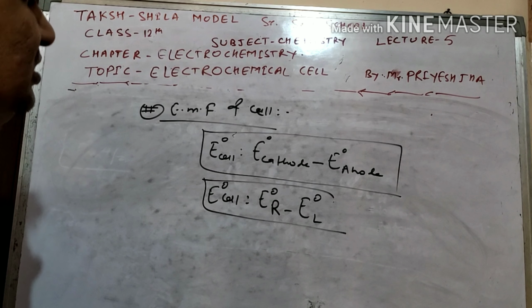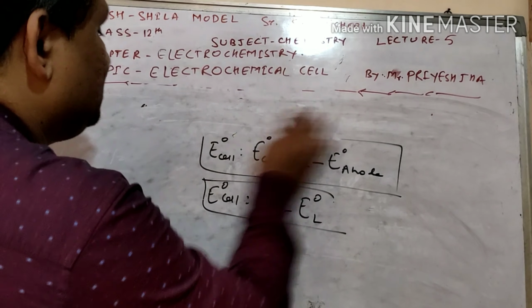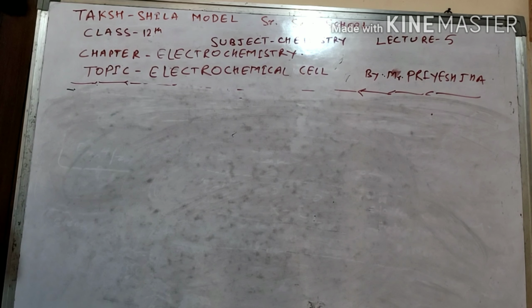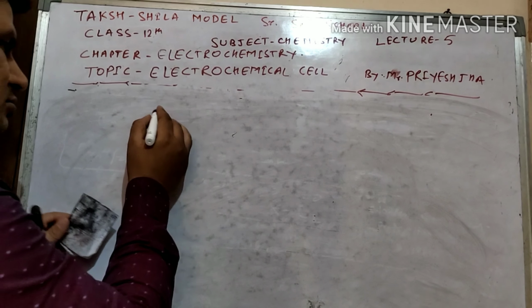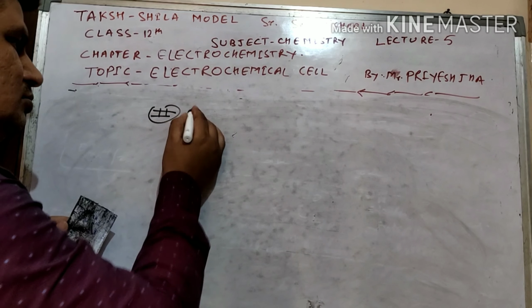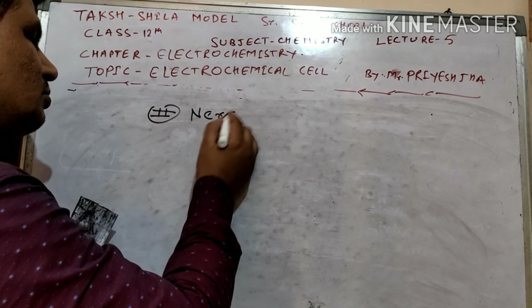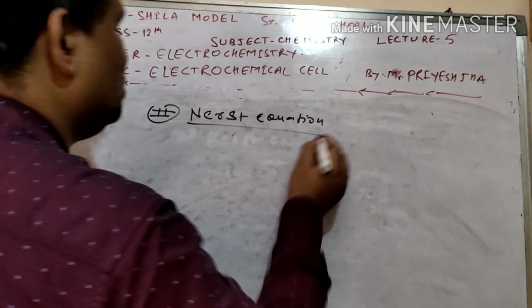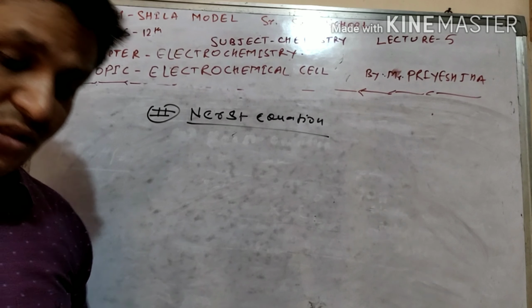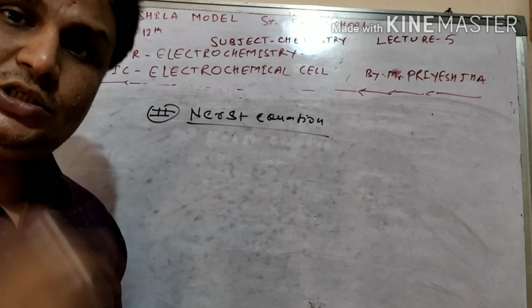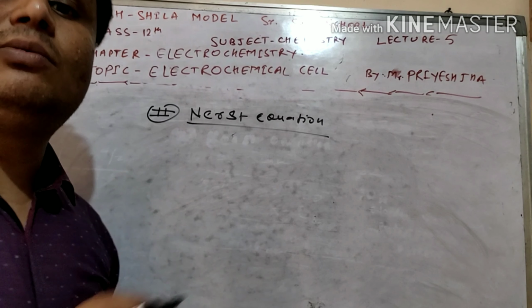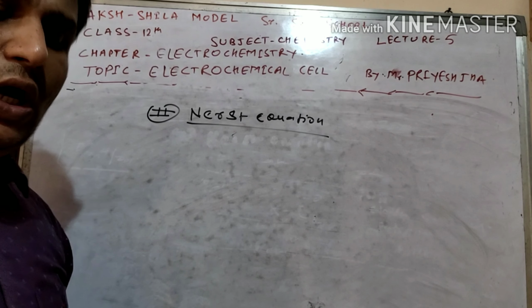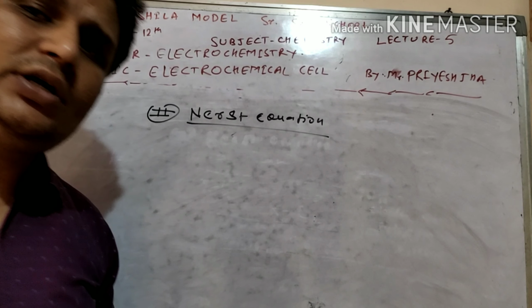Okay, and when the concentration is not unity, we use another relation known as the Nernst equation. The Nernst equation is used to find the EMF of a cell at any concentration other than unity, or it can also be used for unity.